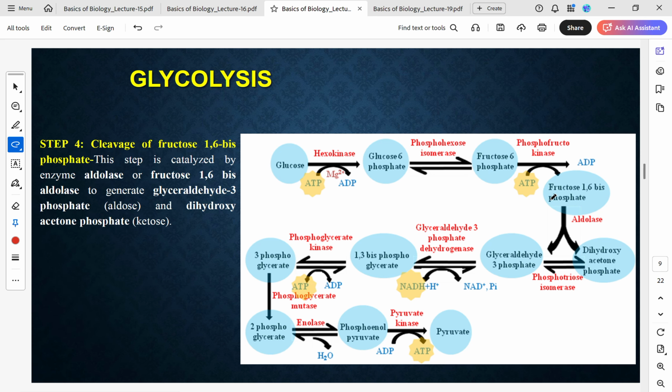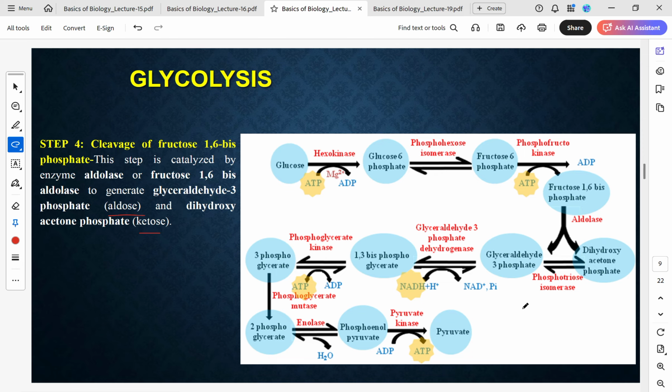Step 4 is cleavage of fructose 1,6-bisphosphate into two forms, glyceraldehyde 3-phosphate or dihydroxyacetone phosphate. The dihydroxyacetone phosphate can be converted into glyceraldehyde 3-phosphate by phosphotriose isomerase and vice versa by the same enzyme. So glyceraldehyde 3-phosphate is an aldose form, whereas dihydroxyacetone phosphate is a ketose form.